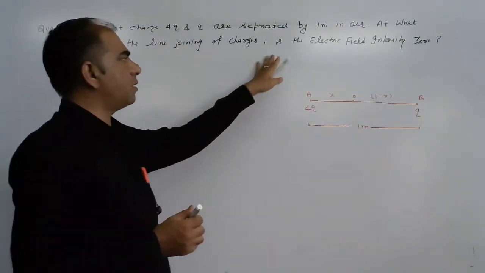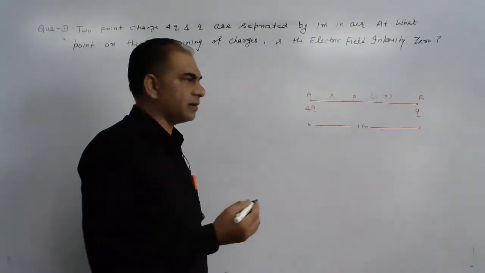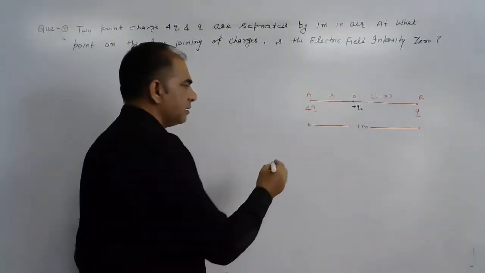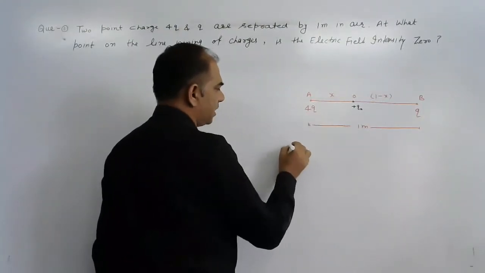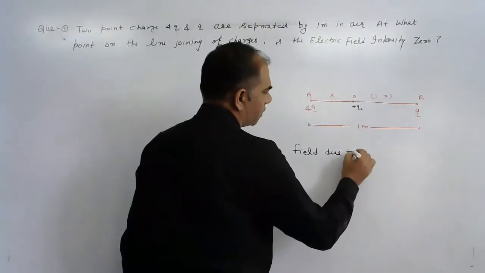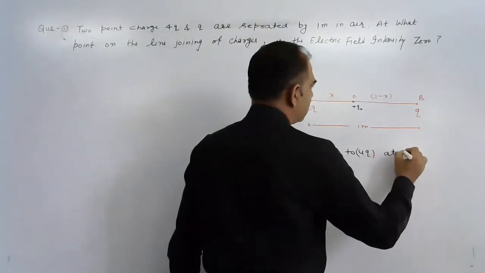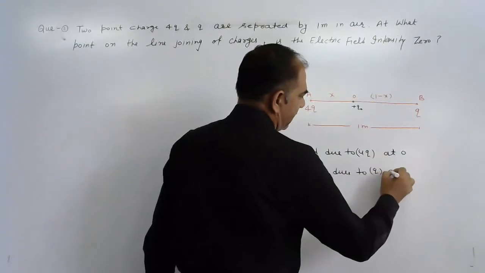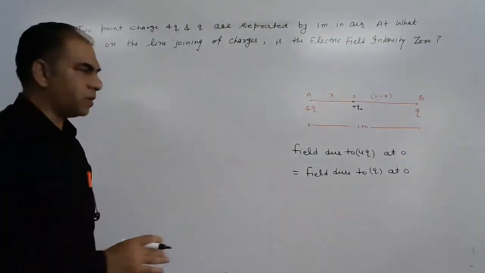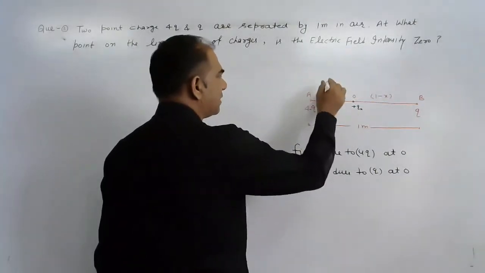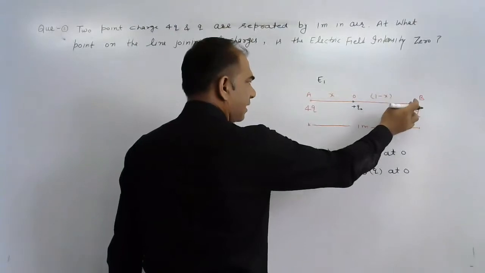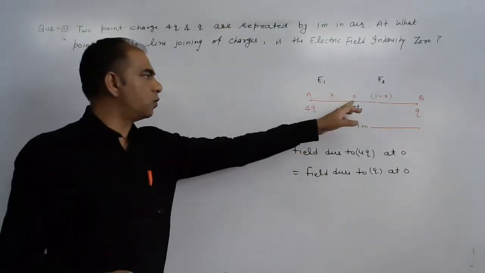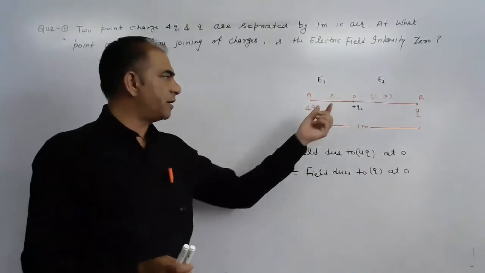According to this question, we find the electric field intensity at O. We consider a small positive test charge Q0 placed at point O. Then the electric field due to 4Q at O must be equal to the field due to Q at O. This is the basic condition, because the electric field exerted by the 4Q charge on this point we consider E1, and the electric field exerted by the charge Q we consider E2. Then the condition is that the net field at point O is 0.